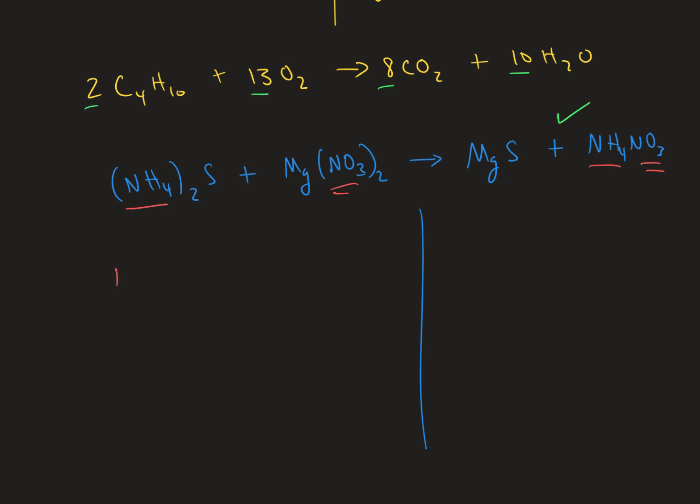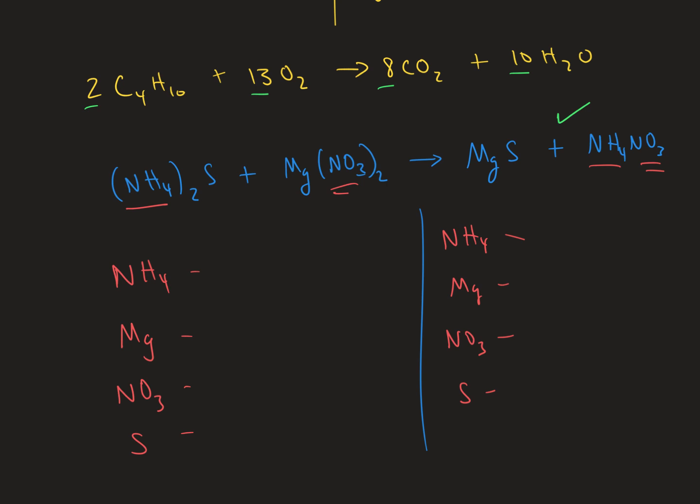So when we're writing these things that we have, we can count ammonium as 1 unit, magnesium nitrate as 1 unit, and sulfur. Notice I didn't put the charge. We don't care about the charges because they're in compounds. You with me? And last one is sulfur. And we have ammonium, magnesium, nitrate, and sulfur on both sides.